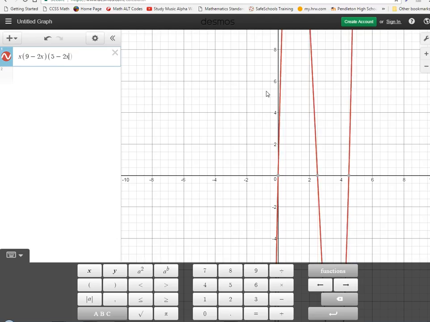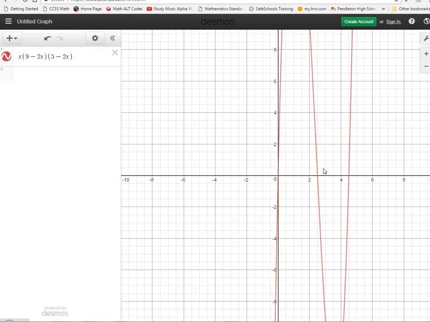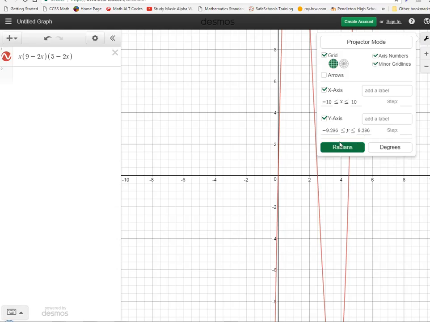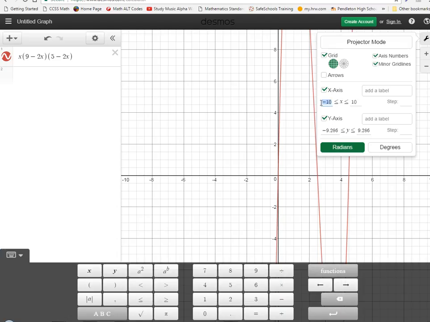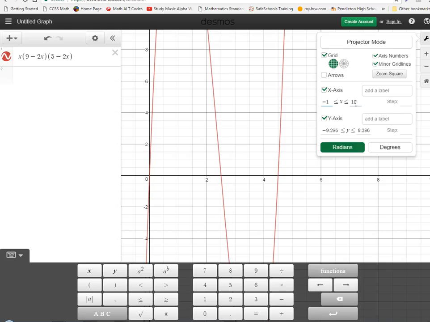Okay, so look what we get. Let's change the scale just a little bit here. Let's let the x-axis go from -1 up to, I don't know, let's just say 6.